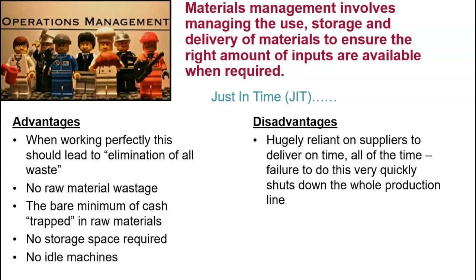This should only be a bare minimum because you should be able to reduce your stock levels accordingly because you know exactly what's required from a materials point of view, and you ensure that new orders arrive just as they are needed. So that means that storage space is limited as well because you don't need to store as much materials, and you don't have idle machines because there's always enough materials to keep the system operating.